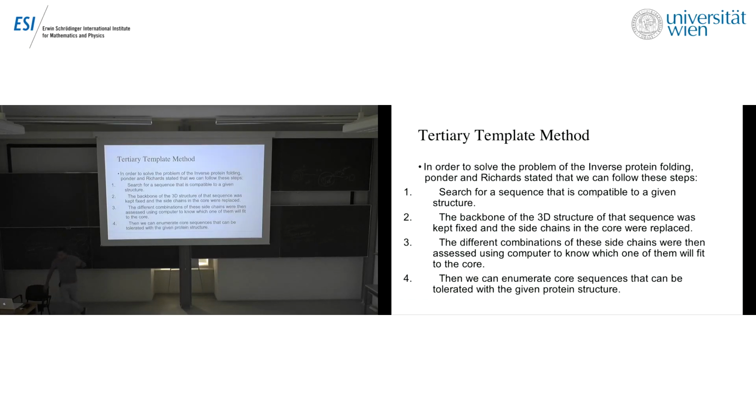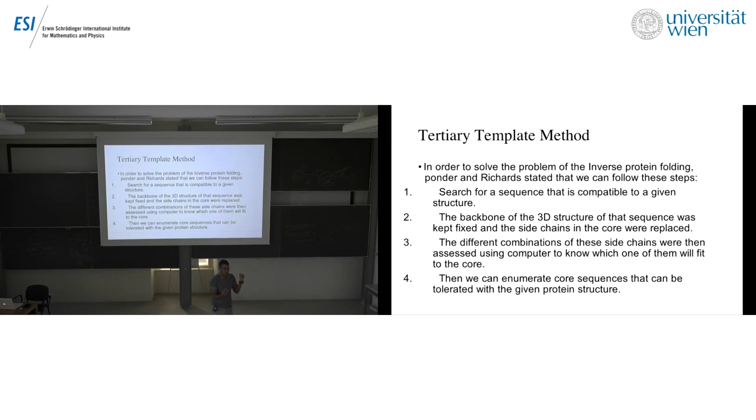So they had an older method called the tertiary template method, which depended on, like I said, searching for sequences that are compatible with the 3D structure. Then they fix the backbone of each of these sequences and try to change the places of the side chains to see whether this sequence will take the same shape as the 3D structure that we predicted or not.